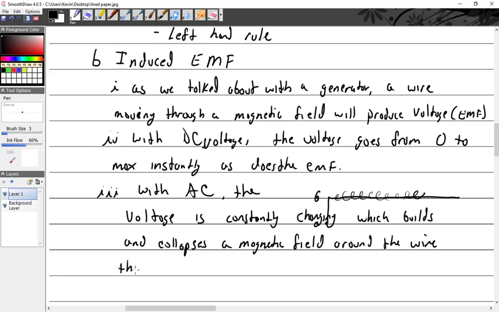This creates an EMF, electromotive force, that counters the flow of electrons.